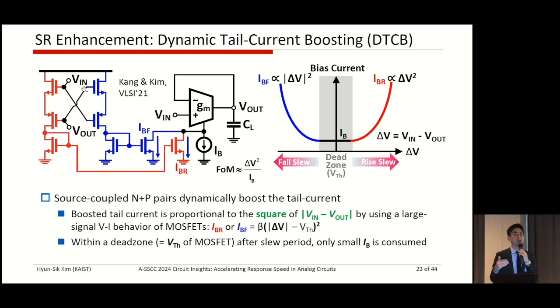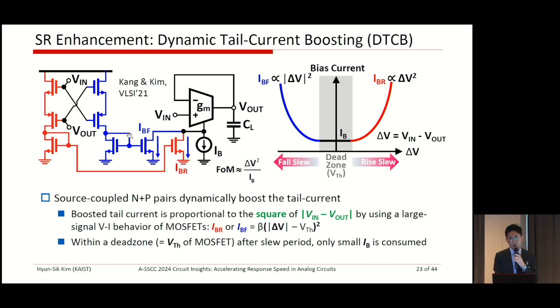If the difference between Vin and Vout becomes larger and larger, then the voltage difference, delta V, is applied and the current is generated from the left side circuit. The boosted current is proportional to the square of the voltage difference, using the large signal V-to-I conversion behavior of the MOSFET. You know, the current of the MOSFET is proportional to the voltage squared.